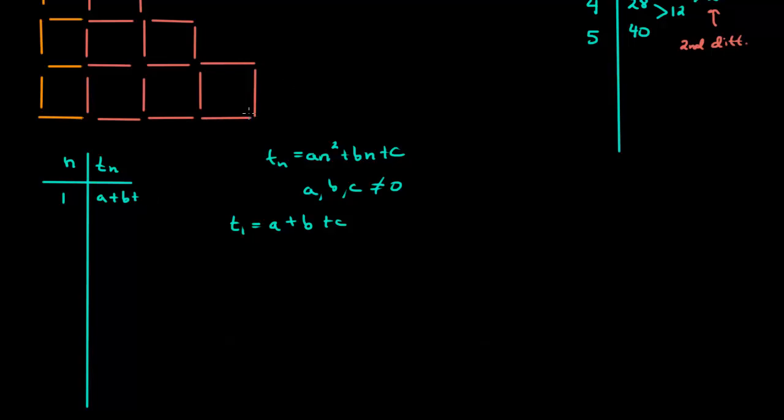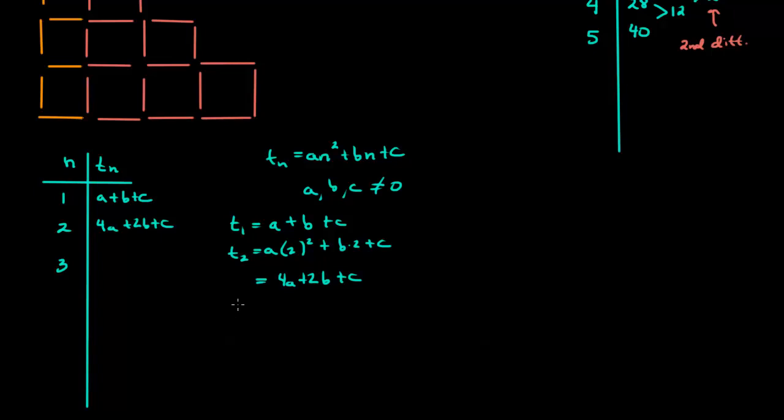T sub 2 would be equal to a times 2 squared plus b times 2 plus c. So t sub 2 would be equal to 4a plus 2b plus c.